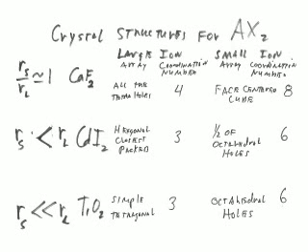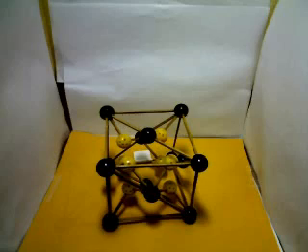We can now consider the structure for ionic compounds with the formula AX2, that is, where you have twice as many of one of the ions as the other ion due to the charges. Where the ions are approximately the same size, we get what is known as the calcium fluoride structure.